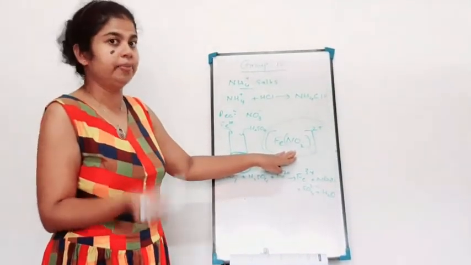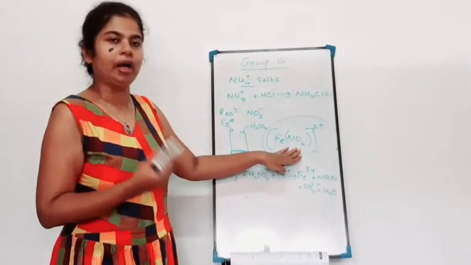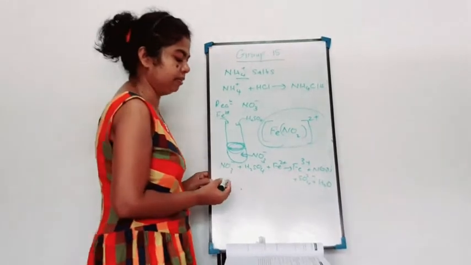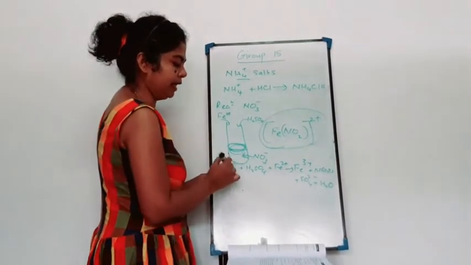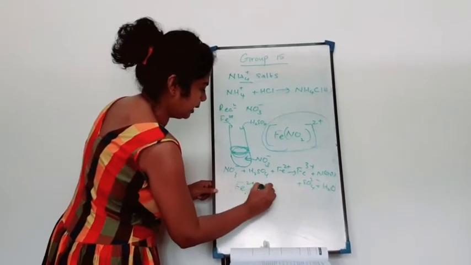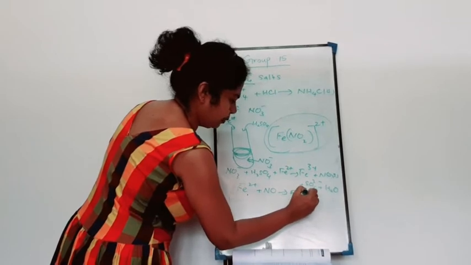In the next lesson, d block, we are going to learn the IUPAC nomenclature of these ions and compounds. We can write Fe2+ plus NO goes to [Fe(NO)]2+.